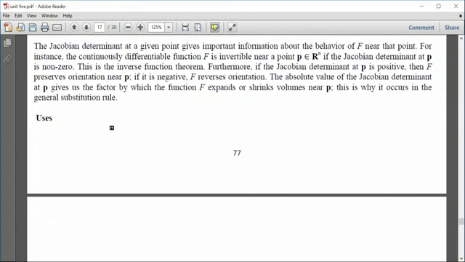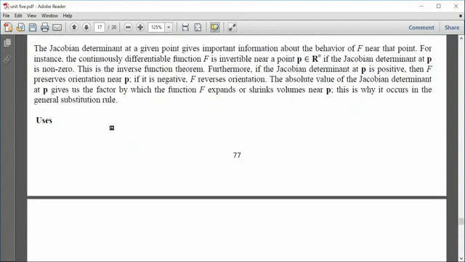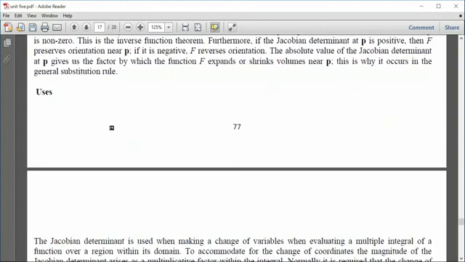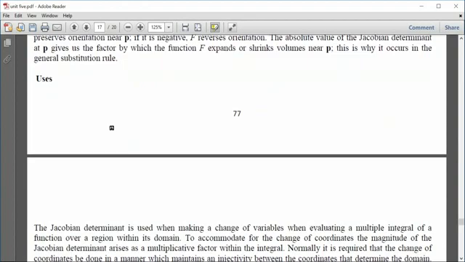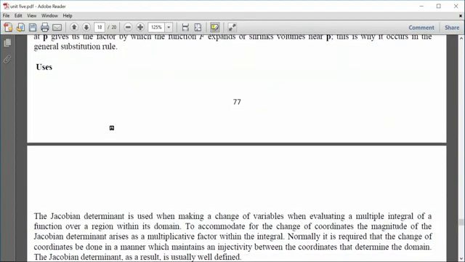You'll go through this. Here there is an important point to note. The absolute value of the Jacobian determinant at P gives us the factor by which the function f expands or shrinks volume near P. This is why it occurs in the general substitution rule.